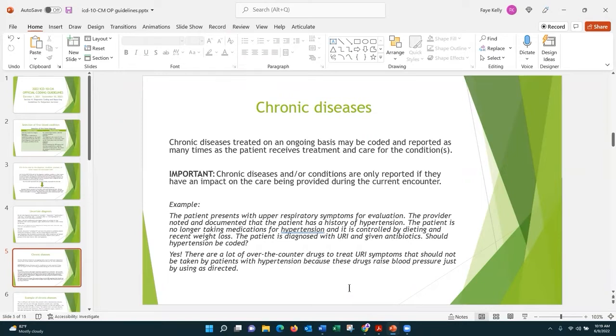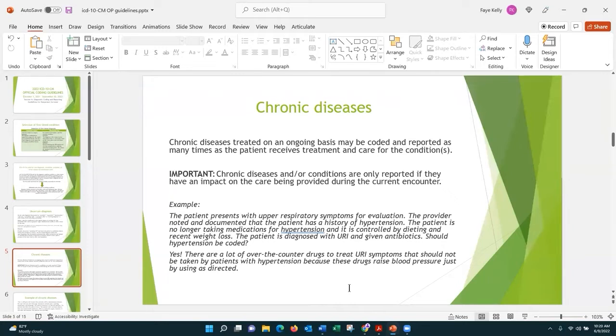So the fact that we have high blood pressure plays an important role, because that sometimes determines how the physician treats us in the medications he gives or recommends. They will recommend some over-the-counter medicines, and there are some they will not recommend because the patient has hypertension. Diabetes is another one.